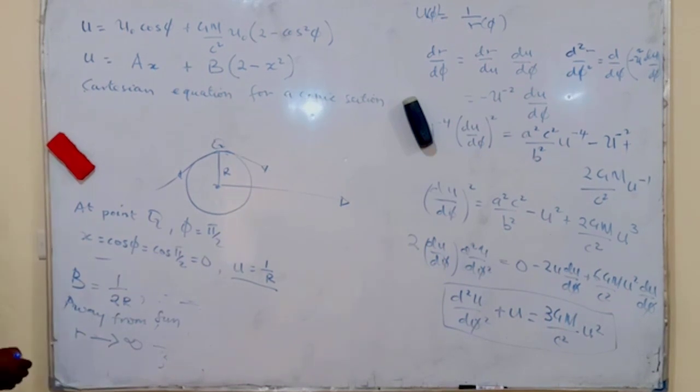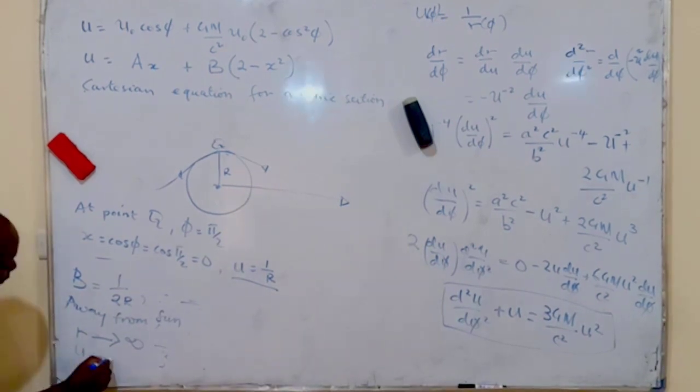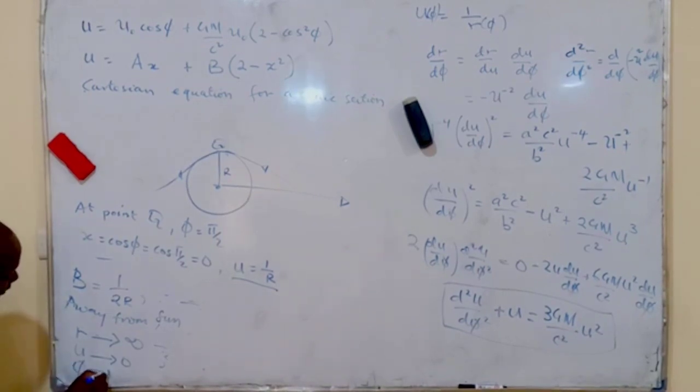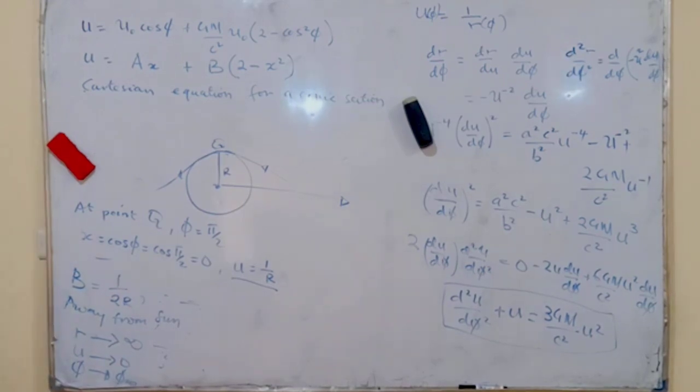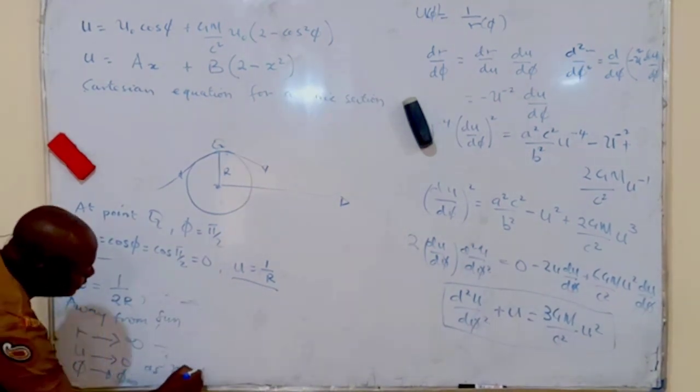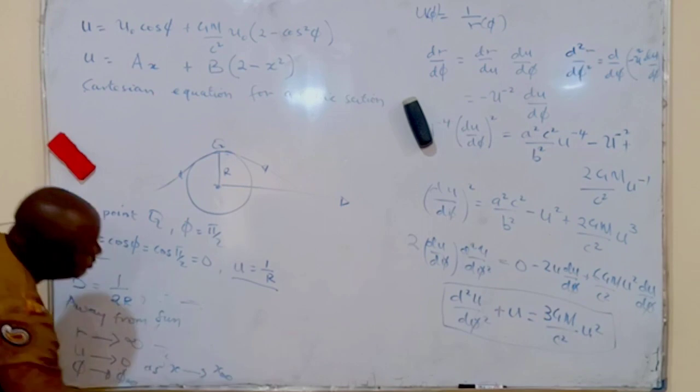And if r is moving to infinity, our u will move to 0, and our phi will move to phi infinity, as our x moves to x infinity.